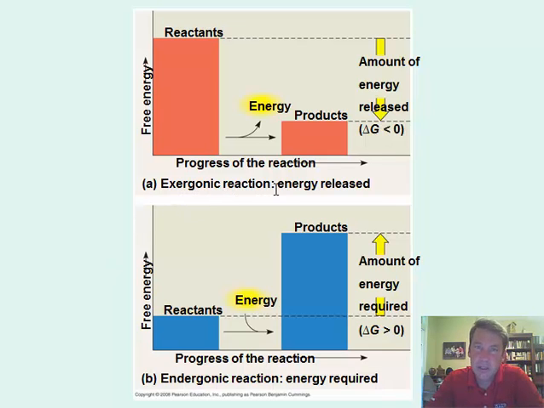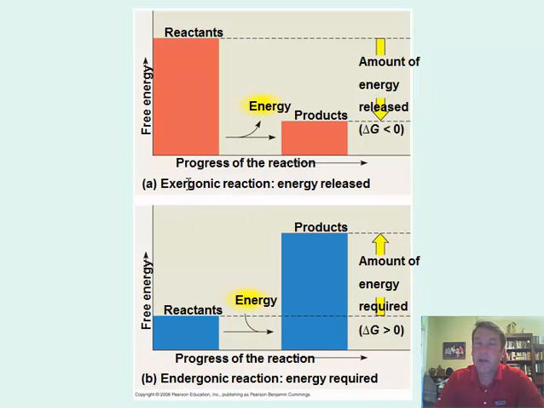So exergonic reactions are those reactions that take place in our cells that start with large amounts of reactants, and they are going to release energy from the bonds within those reactants. And then they'll have products that are the outcome of those reactions. Those are called exergonic.